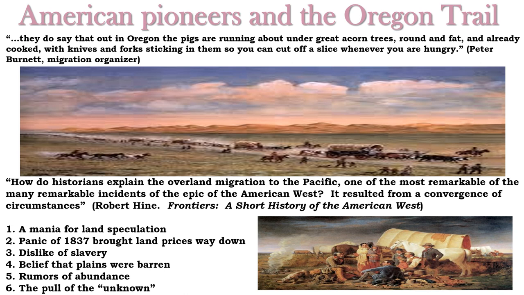American settlers and pioneers during the first half of the 19th century began to move west, some of them permanently, on the Oregon Trail, the Santa Fe Trail, etc. And this was dangerous business, as you probably already know.